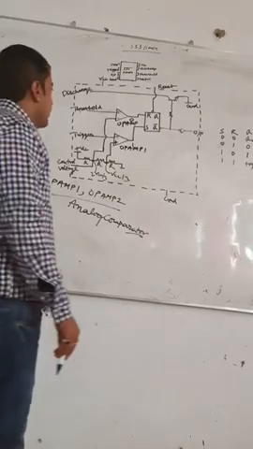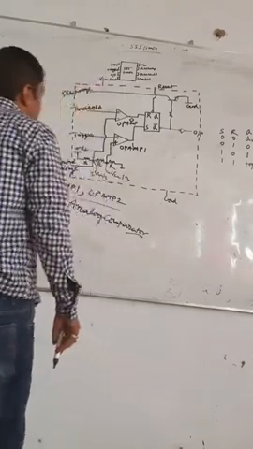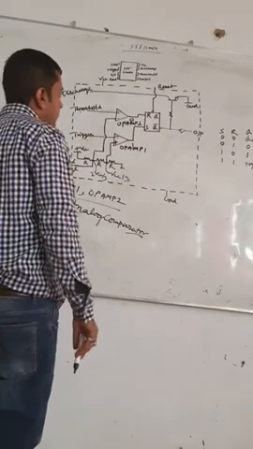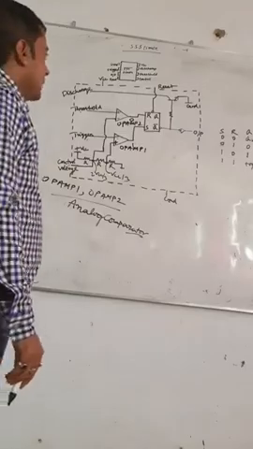If the trigger voltage has a value below VCC by 3, analog comparator 1 output will be 1, and analog comparator 2, op-amp 2, output will be 0. So S is equal to 1, R is equal to 0.